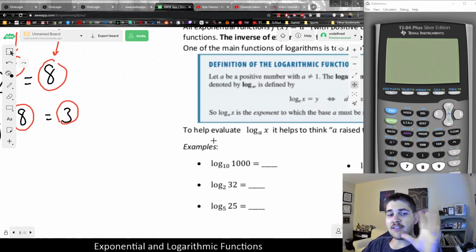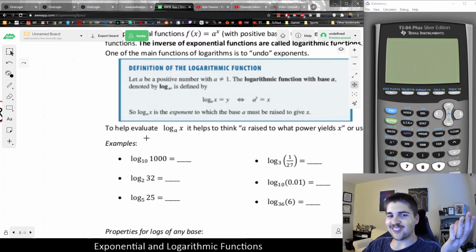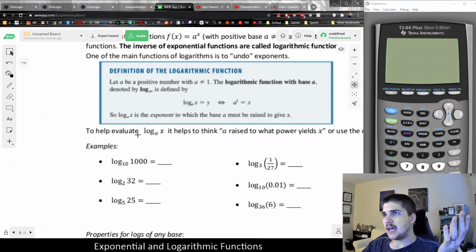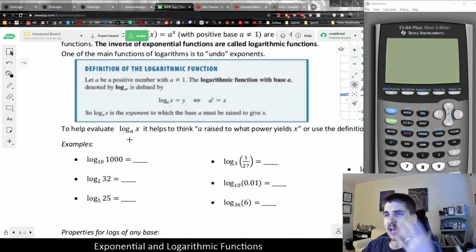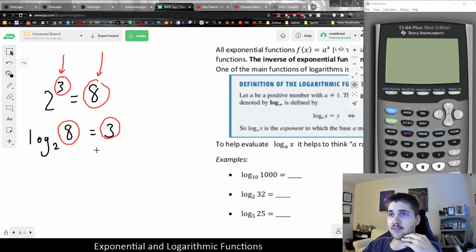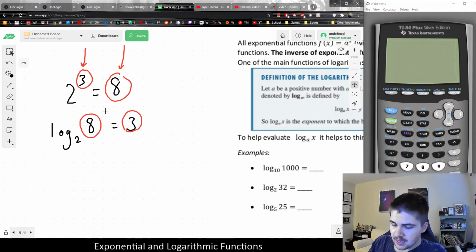If this is getting a little confusing, I feel like I'm not doing a very good job of explaining this right now. It says log base a of x is the exponent to which the base a must be raised to give x. What I recommend is to think about evaluating it this way: with a logarithm, we try to figure out what power I need to raise this to get to this.